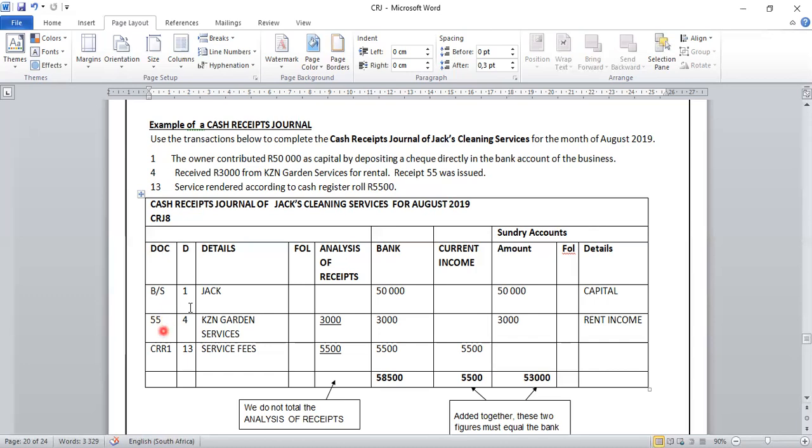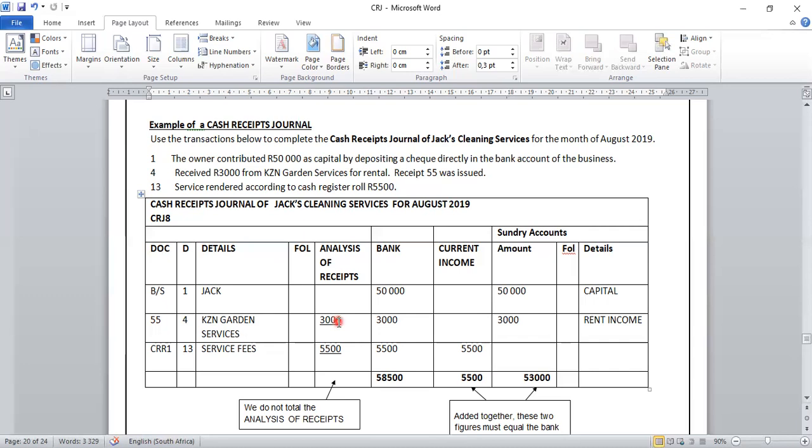The day was the 4th of the month. Details will be KZN Garden Services. We received this money in the business, hence we also completed a receipt. Then we are going to put the 3,000 under our analysis of receipts column.